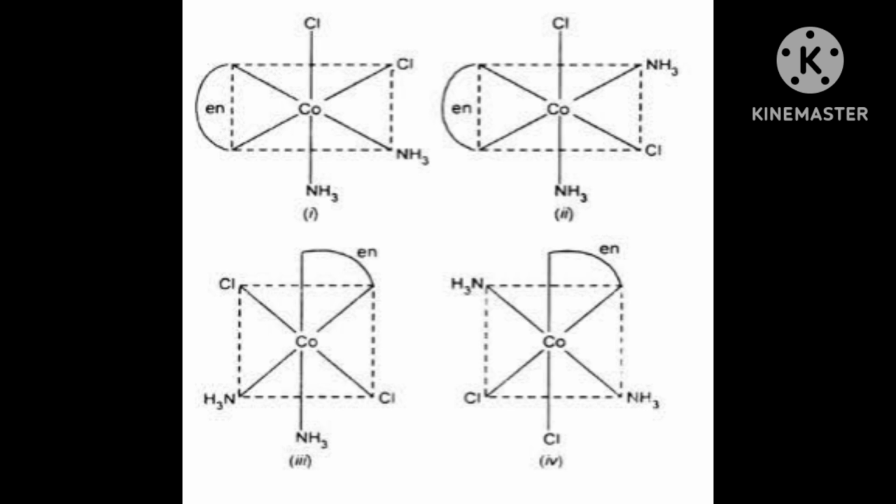If bonds are on the plane, you show them by a normal bonding line.